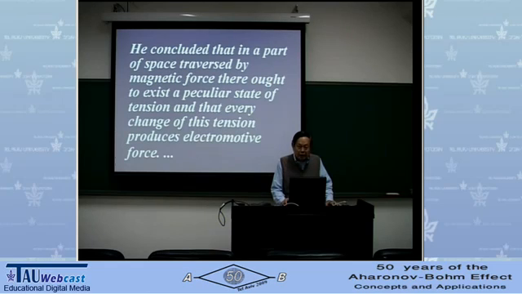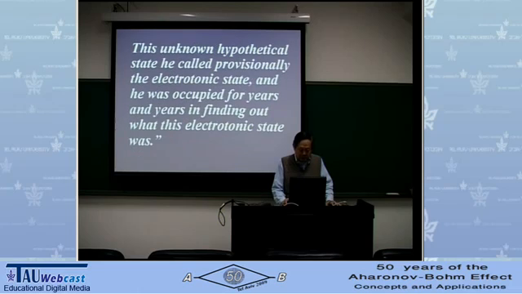He concluded that in a part of space traversed by magnetic force, there ought to exist a peculiar state of tension, and that every change of this tension produces electromotive force. This unknown hypothetical state he called provisionally the electrotonic state, and he was occupied for years and years in finding out what this electrotonic state was.